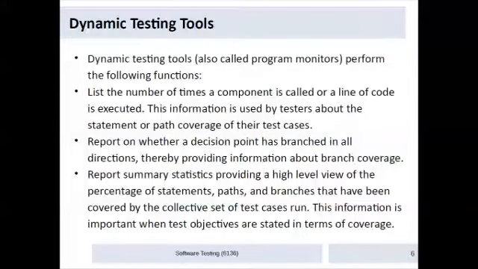Basically, it will capture all the test results, and also it will give reports. The dynamic testing tools capture the number of times a component or a line of code is executed. This helps the tester to understand the path coverage of their test cases. It also captures whether a decision point has branched in all directions.